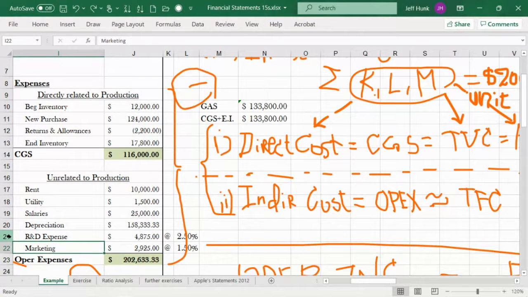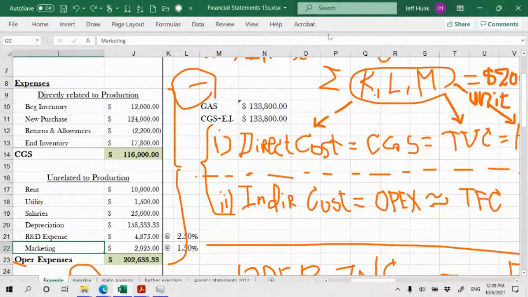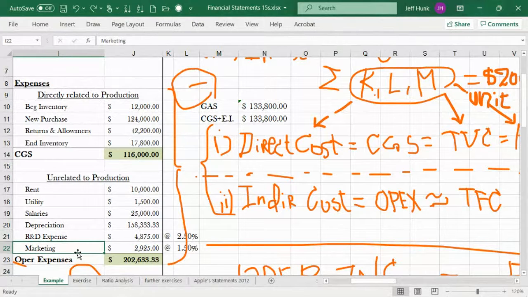The size of the revenue from last year, because this year's revenue we don't know yet. We have a target, but it's not a concrete number, right? Until this year is over, we don't know. So regardless of current production activity, the current production level, marketing is independent of that.